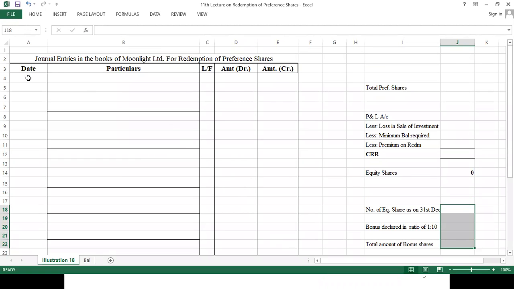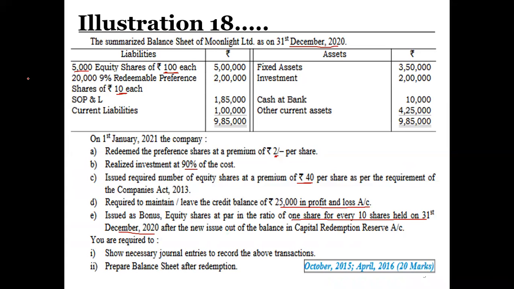This is the problem sheet with us. The first entry, which is on 1/1/2021, will be sale of investment. We are selling the investment at 90% of the cost.